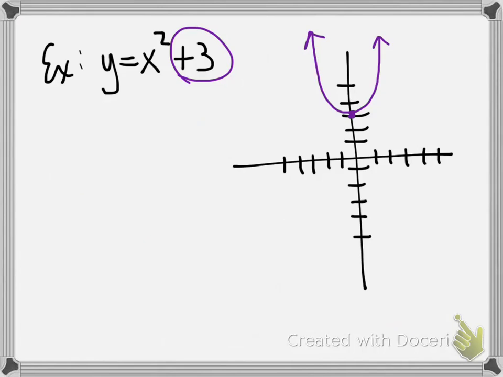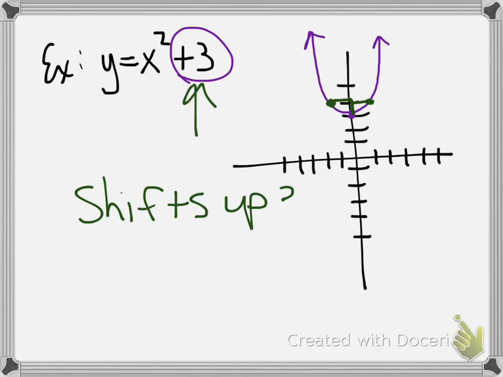If you're curious, the very first point you come across from the vertex is going to be 1 up and 1 over. So it's almost like it has a slope of 1, except then it curves, and so it's not like a line. So plus 3 means this shifts up 3 units. And if it was negative, then it would shift down.